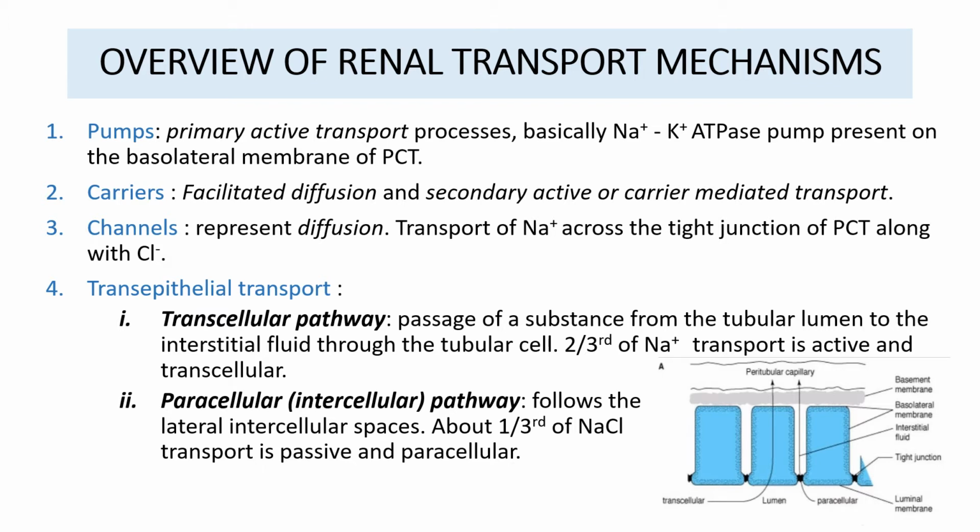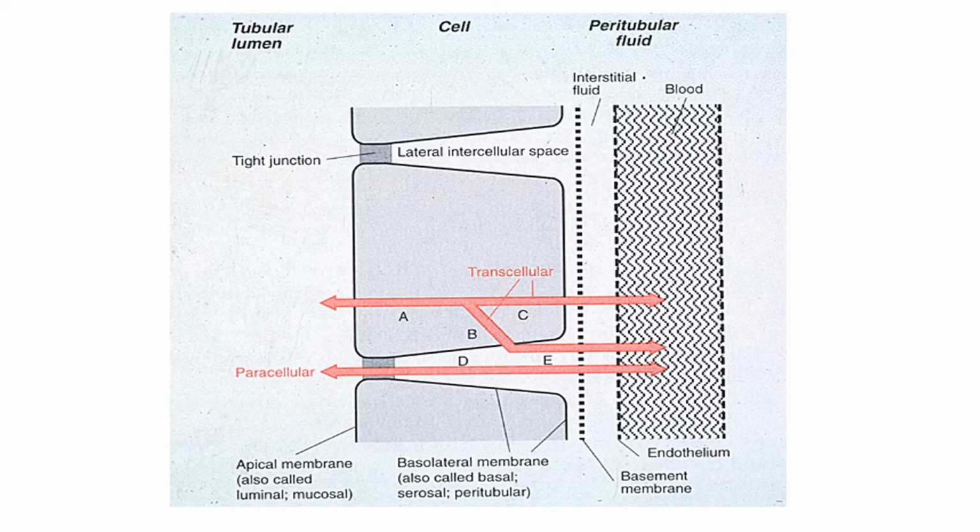These represent diffusion, transport of sodium across the tight junctions of PCT along with chloride. This is diffusion. You can see the movement of the solute from the tubular lumen via the tubular cells to the interstitial space is a transcellular process, while the movement of solute across the tight junction is paracellular movement.